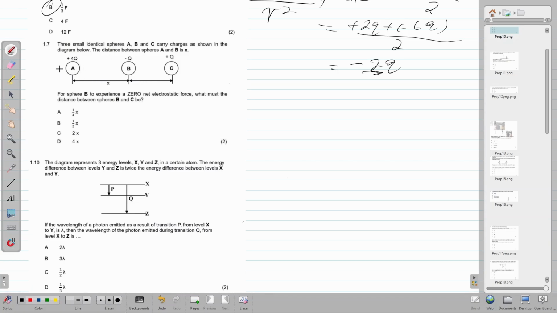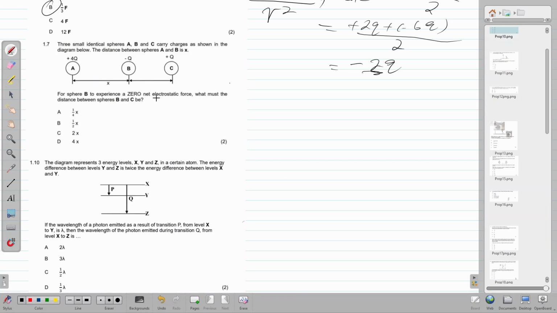Since sphere A has 4 times the charge of sphere C, and the force is directly proportional to the magnitude of the charges, the force that sphere A exerts on sphere B would be 4 times larger than the force that sphere C exerts on sphere B at the same distance.